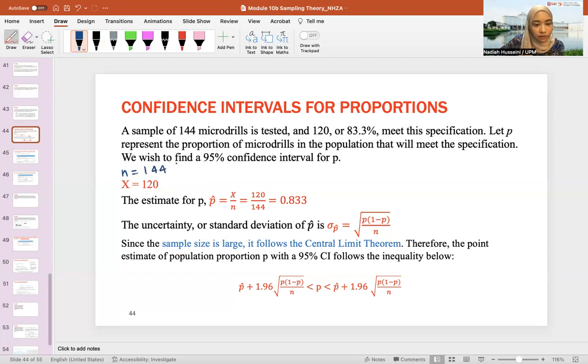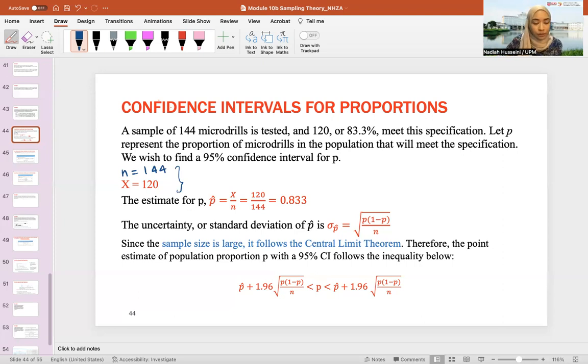So these are two different numbers, and typically people will mix this up. Your sample size is always going to be n. The one that fulfills the specification is x. Remember random variables? Random variables specify success or fail. Success is your x. Or that could also be applied for binomial. Okay, so your x is the successful ones.